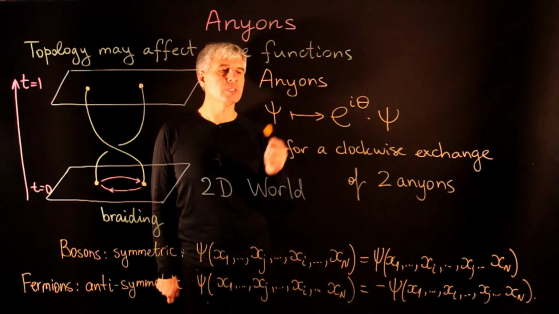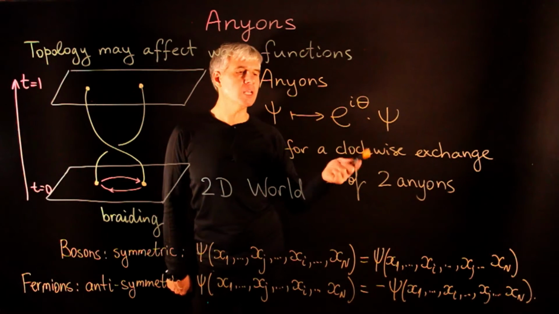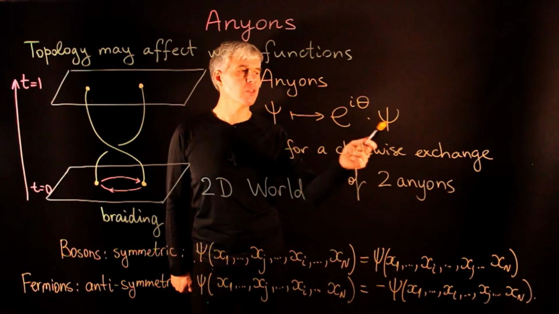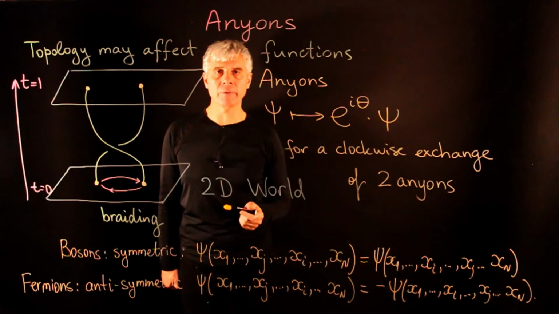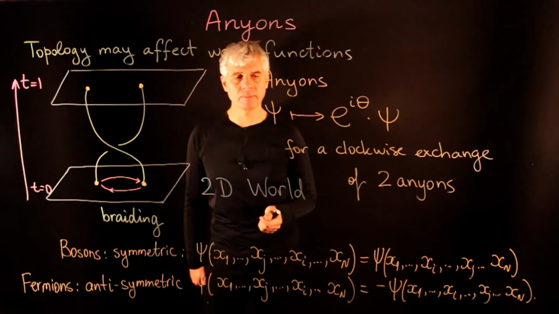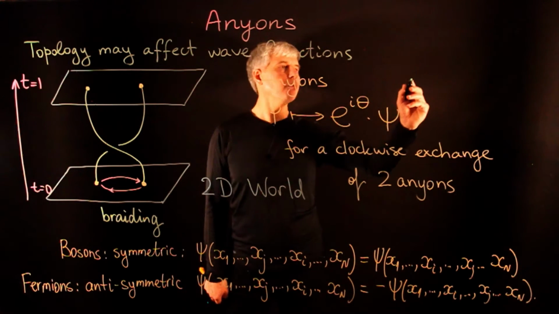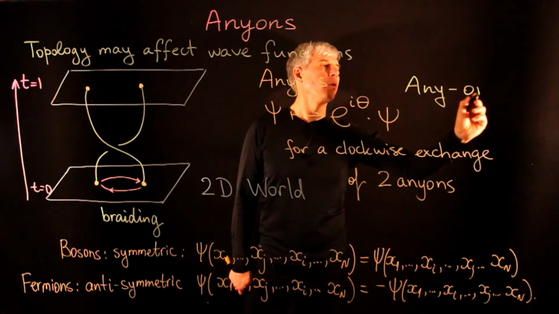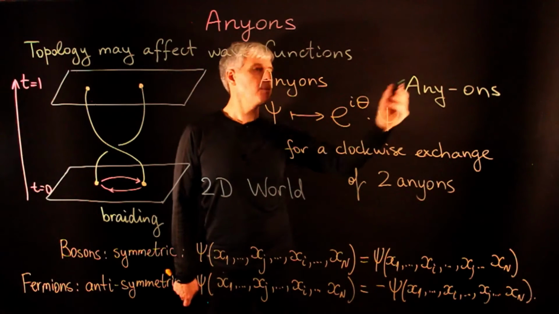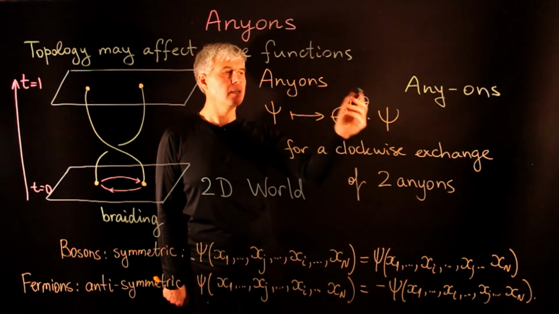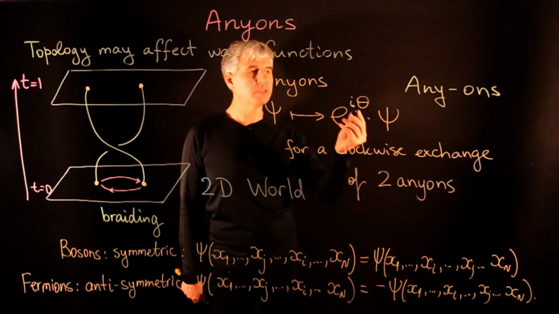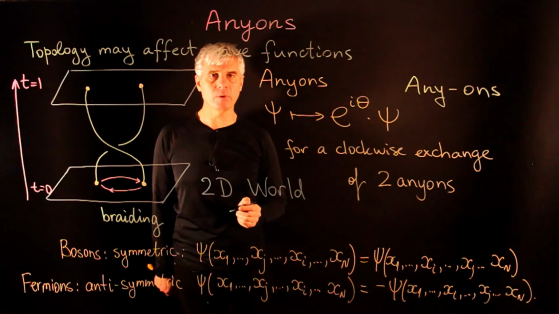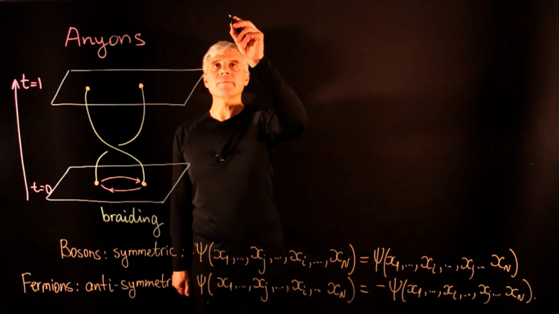However, for anyons, a 360-degree exchange will change the wave function of this ensemble of particles. The name of this class of particles is composed of the words any and ons. So this means that the phase shift here can be arbitrary, but fixed for a given type of the anyon.